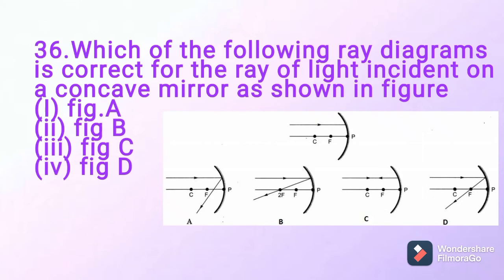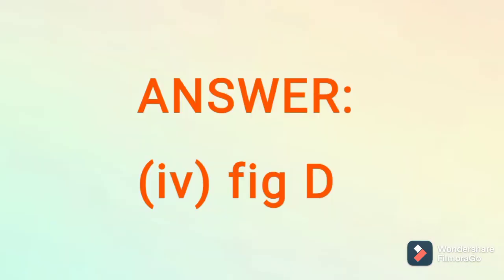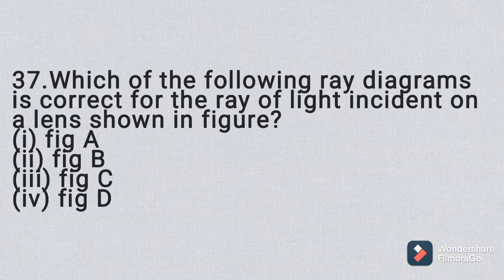36th question. Which of the following ray diagrams is correct for the ray of light incident on a concave mirror as shown in figure? Options 1, figure A, 2, figure B, 3, figure C, 4, figure D. And the answer is option 4, figure D. 37th question.